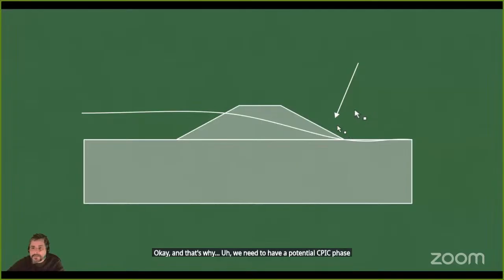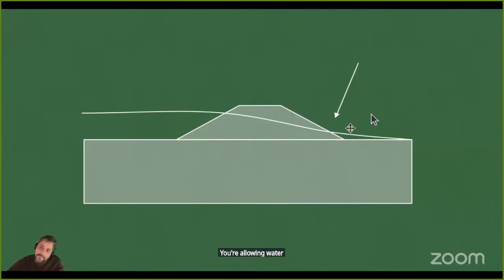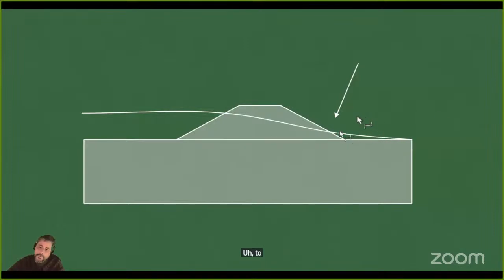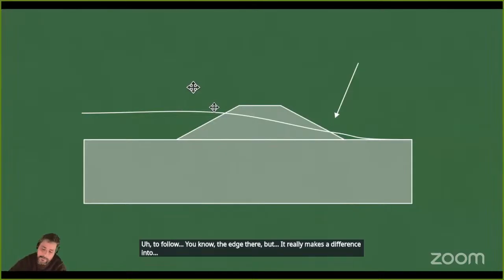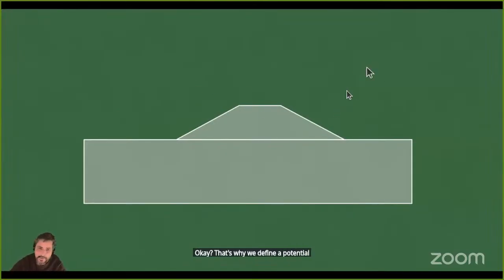By having a potential seepage phase, you're allowing water to seep through. Technically, it will tend to follow the edge there, but it really makes a difference in how it can potentially flow. Okay, that's why we define a potential seepage phase.